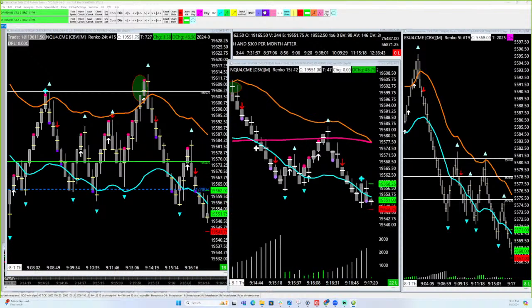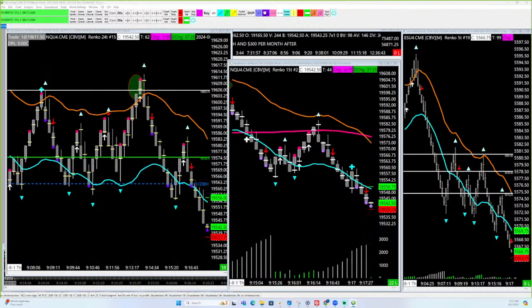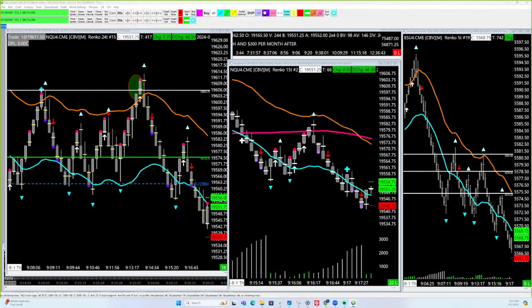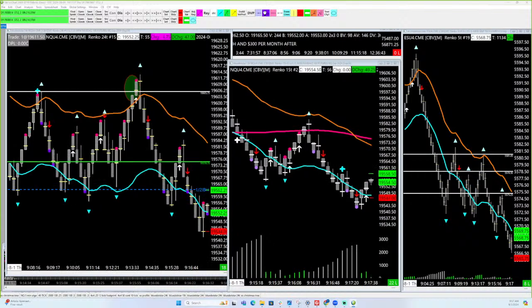The volume point of control for ES, which I assume there'll be responsive buyers there, is sitting at 55.60 to 55.57.